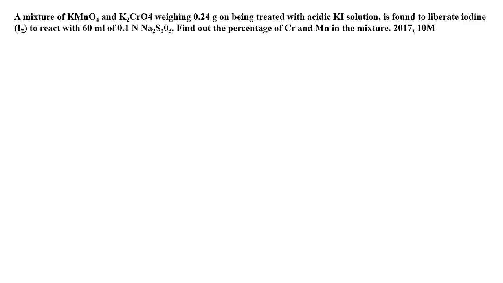For that, first we need to balance this equation, because it's a part of redox reaction where KMnO4 is working as the oxidizing agent and oxidizing this I negative into iodine. So for that, it has basically two components, so we are going to separate this equation in two parts.